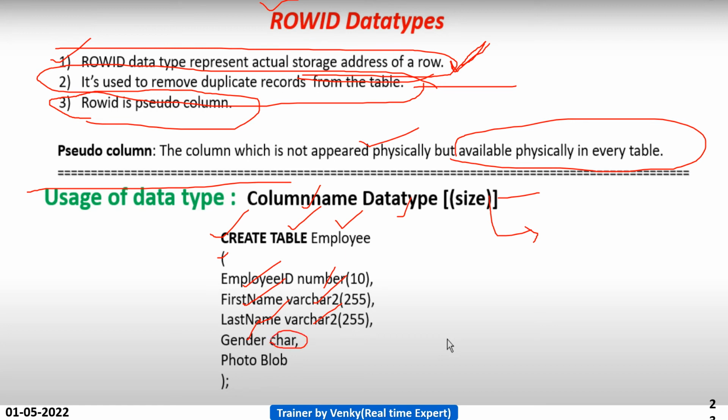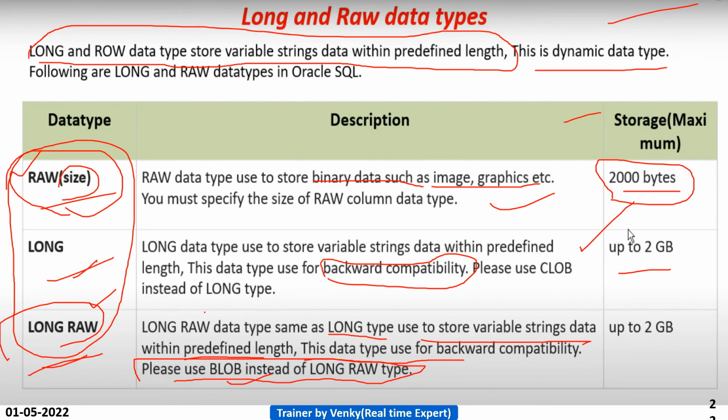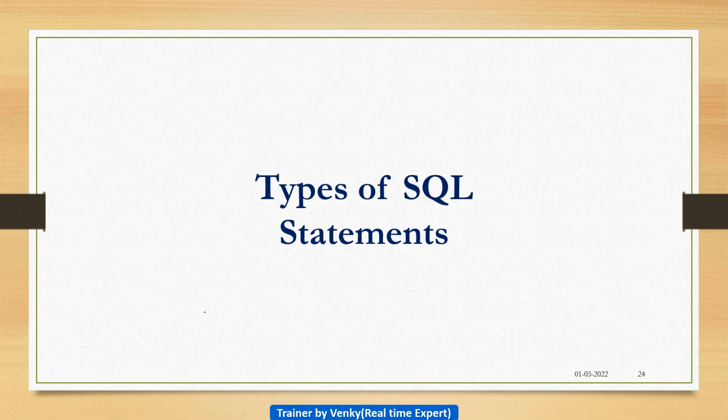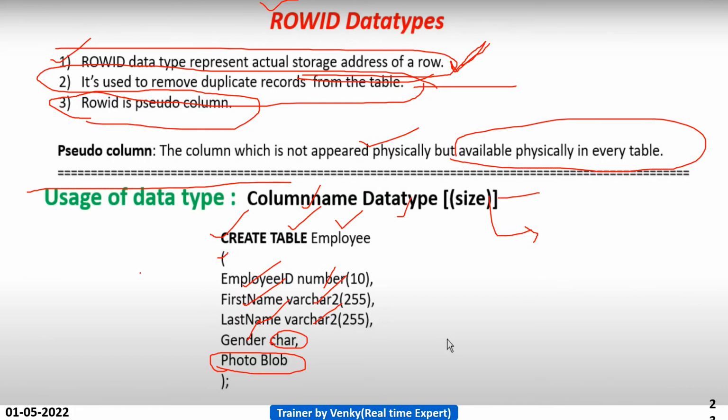See, gender we have declared as char, so it will allow how many bytes? One byte. And for photo we have declared the BLOB data type. That's it. Today data types are completed, guys.